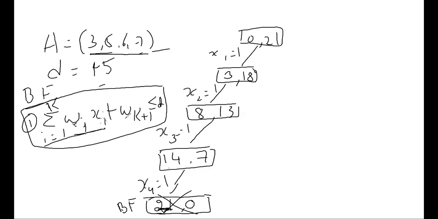This 21 is not less than or equal to d, so it is not meeting the bounding function. So I'm not going to select this because it is not a promising one. Okay, so now you know backtracking: obviously we need to go back. If this is not the optimal solution, we need to go back.